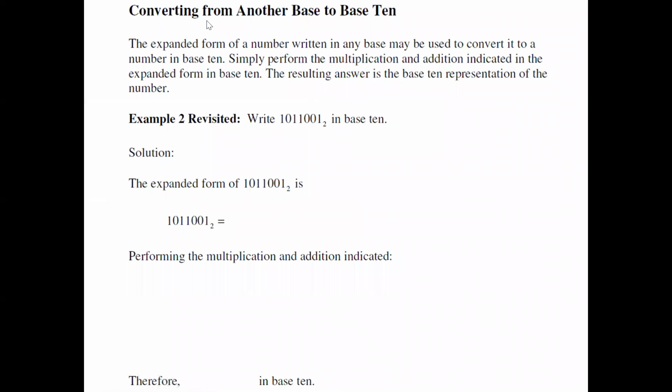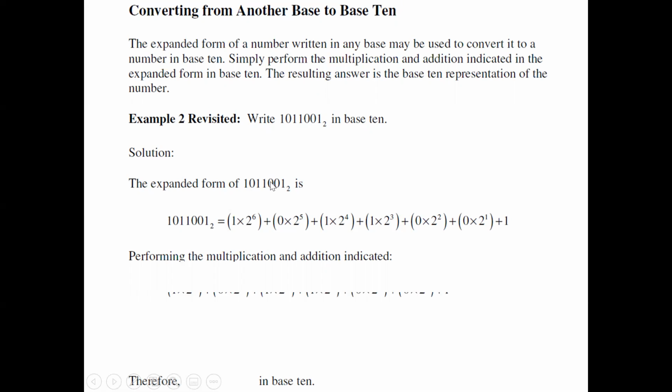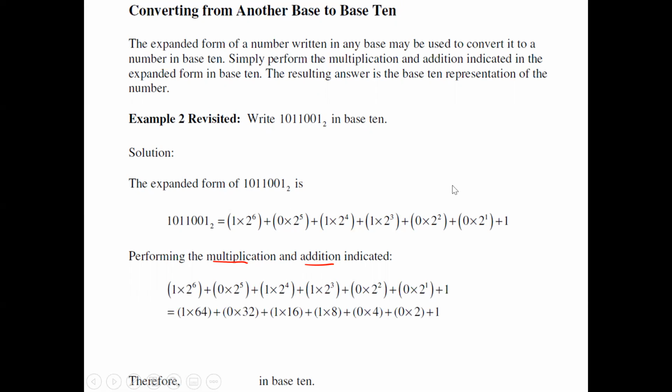Now we're going to revisit what we just did in example 1 and write it in base 10. We're going to rewrite the expanded form, which we did before, and then perform the actual multiplication and addition indicated. So I have 2 times 2 times 2 times 2 times 2 times 2, which gives me 64.